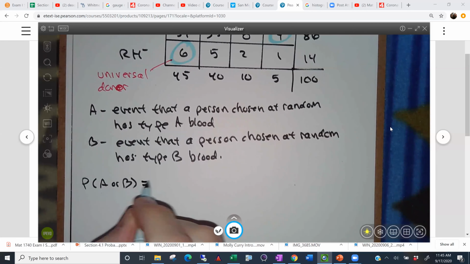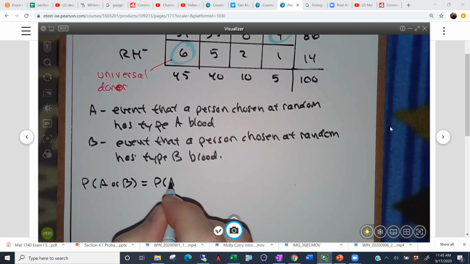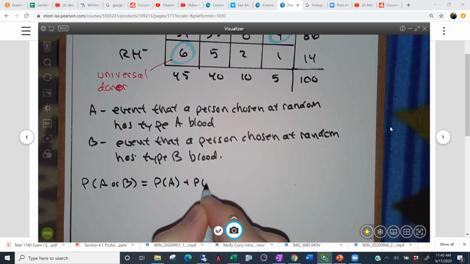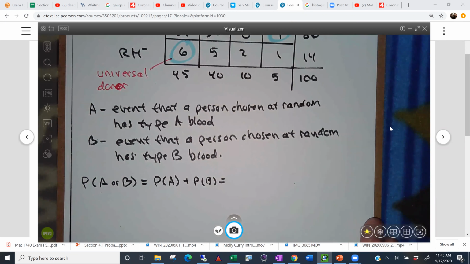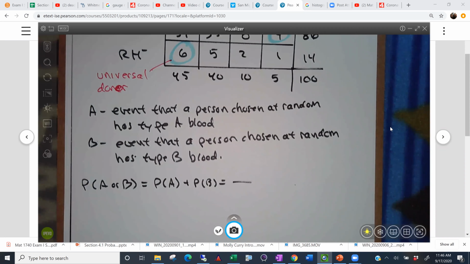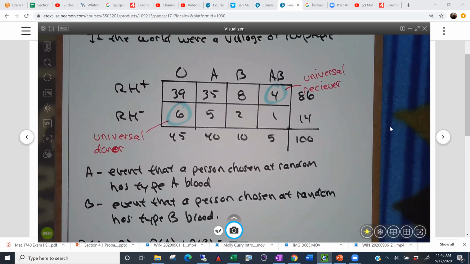Now being kind of new to this calculation in this subject, we might start out by saying, well, let's do it as a probability of A plus probability of B. And in this case, you're actually right. You can actually calculate this probability this way. So let's look at the probability of A. Well, how many people were there that had type A blood in this table? 40.